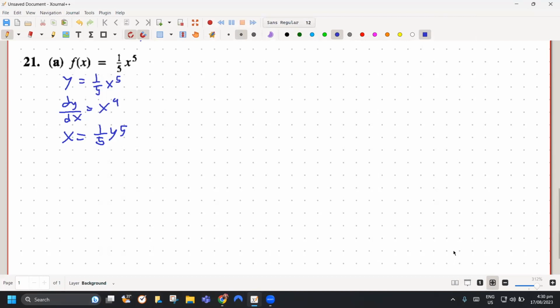We're looking for f inverse evaluated at y, which means yung original equation natin, y equals 1/5 x to the 5th, express x in terms of y. Or solve for x. So, yung first step dyan ay 5y equals x to the 5th.